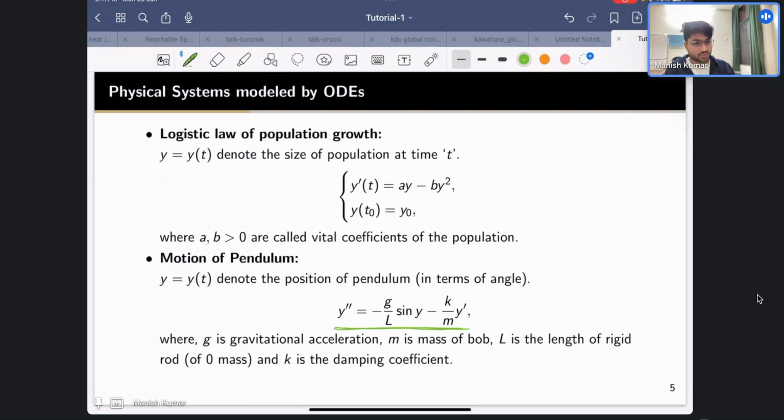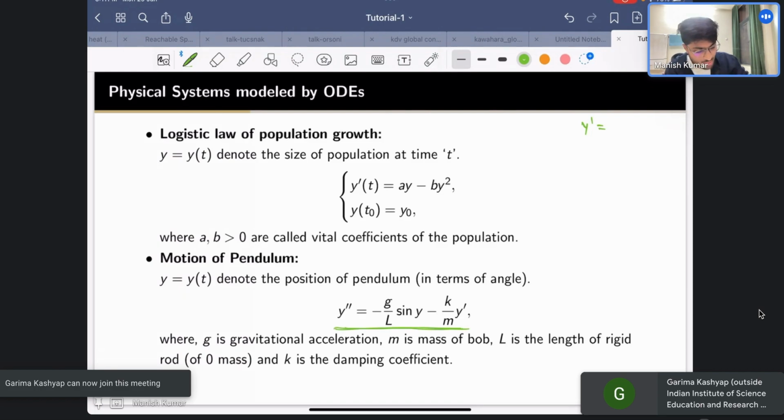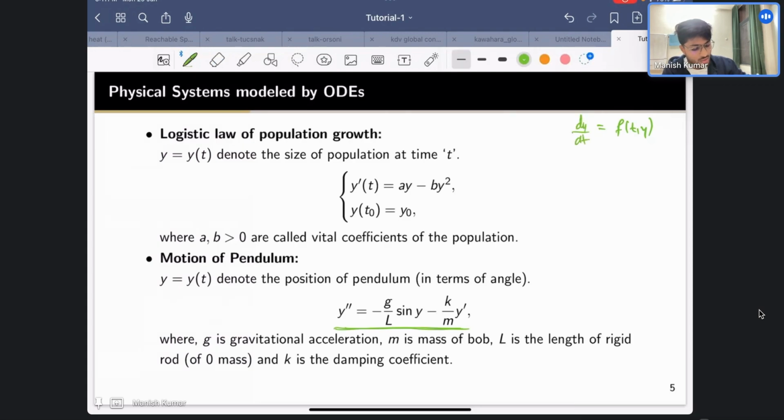From now onwards, suppose we have this type of differential equation, dy by dt is f of t comma y, and you have some initial data that y at time t equal to 0, or t naught, is y naught.